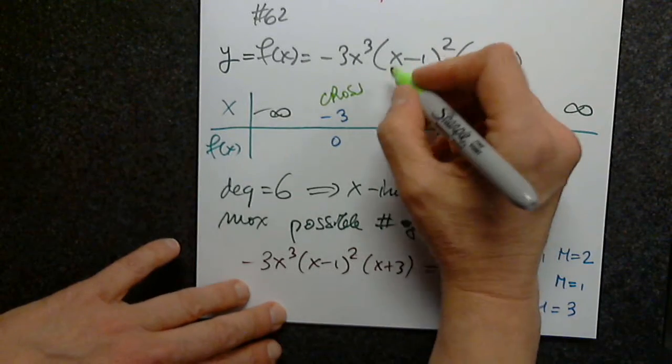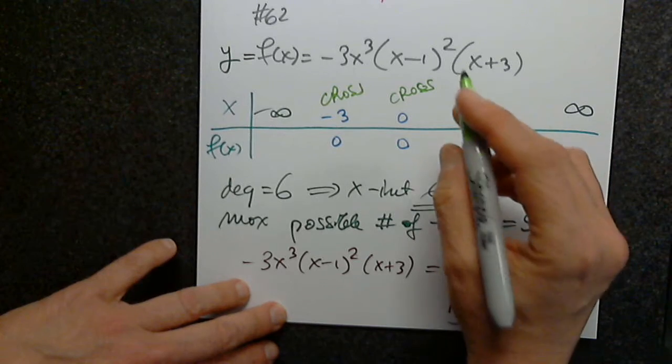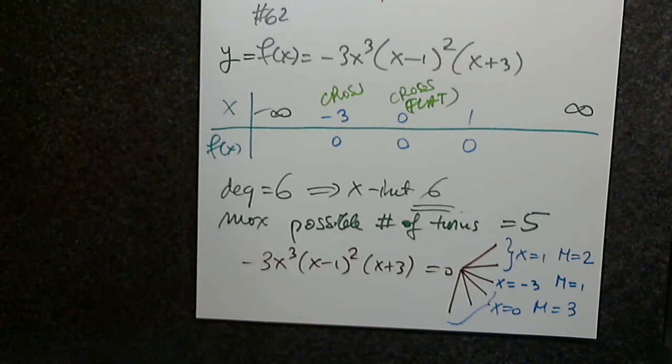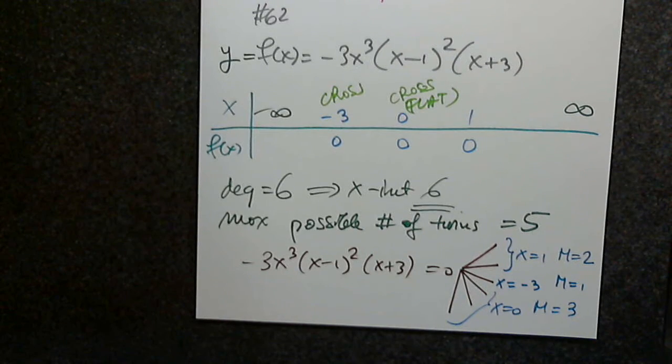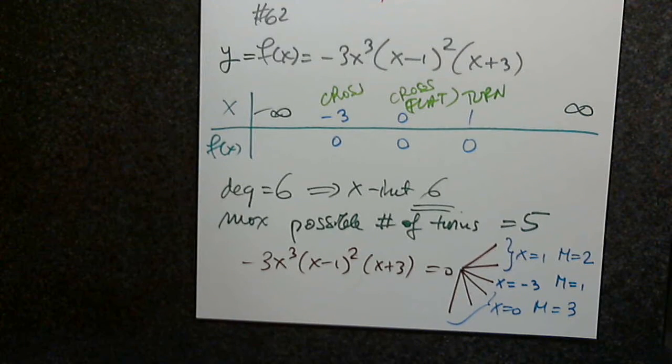Yes, so it's a cross but flat. All odd multiplicities are crosses, a flat type of cross. What about 1, 0? Multiplicity 2. No, multiplicity 2 doesn't cross. It turns. Very good. And behavior, and I'm done.